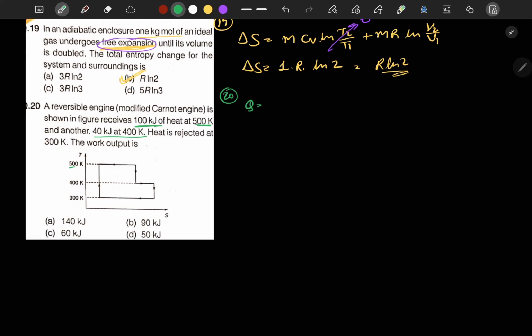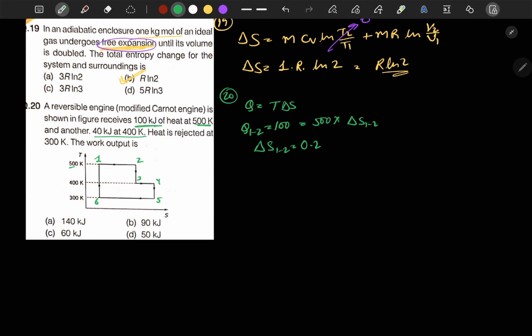We can write Q is equal to T into delta S. I will name the processes 1 2 3 4 5 6, so the cycle is 1 2 3 4 5 6 1. Heat in process 1 to 2 is 100 kilojoule, equal to T delta S. So T is 500 Kelvin into delta S from 1 to 2. From here delta S from 1 to 2 is 100 divided by 500, equal to 0.2.